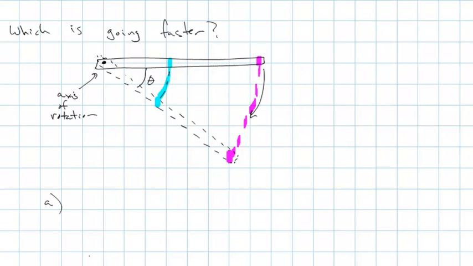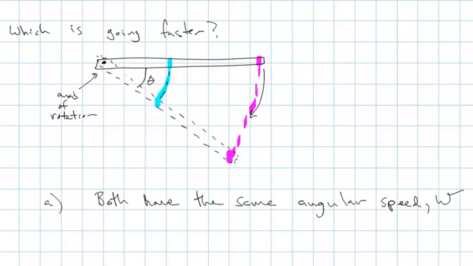Or an easier way to think about it is, if I had waited until this object made a complete revolution, both of these points would have made a complete revolution in the same amount of time. So they're both moving at the same angular speed. And we use omega for that.